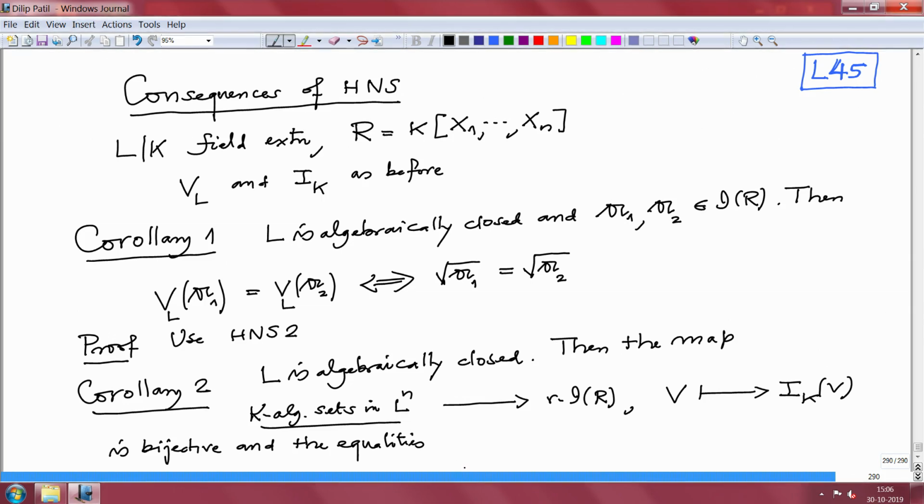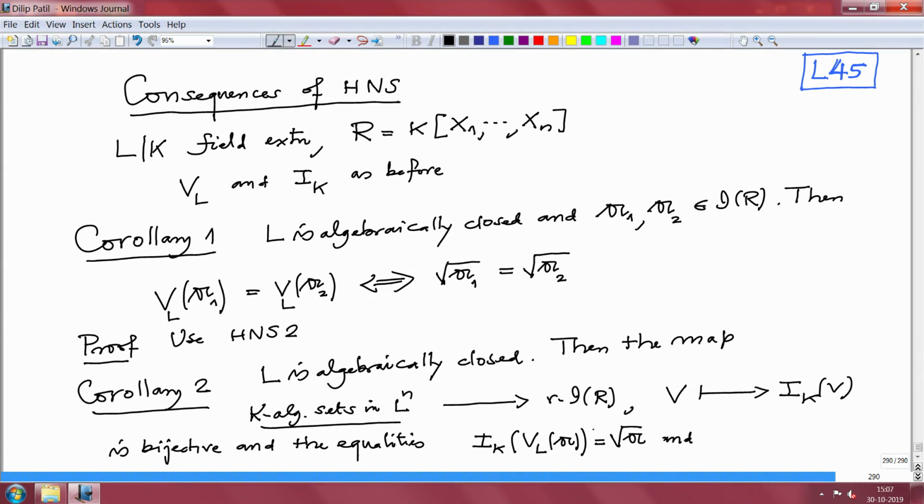So, one of them is if I apply I_K of V_L of an ideal, this is equal to the radical of A, this is HNS2.